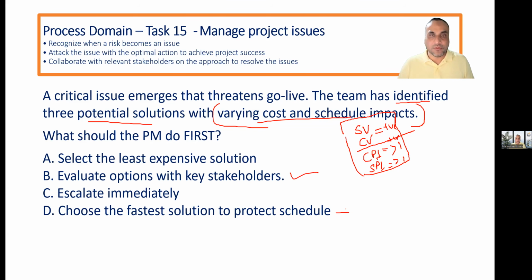Can you tell me what this terminology is? Choose the fastest solution to protect the schedule. What comes to your mind when you read this? You are trading off between time and cost.